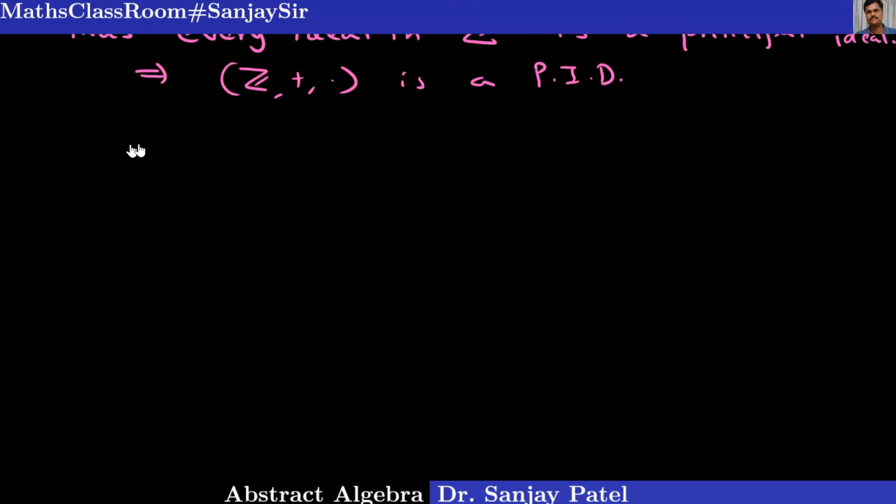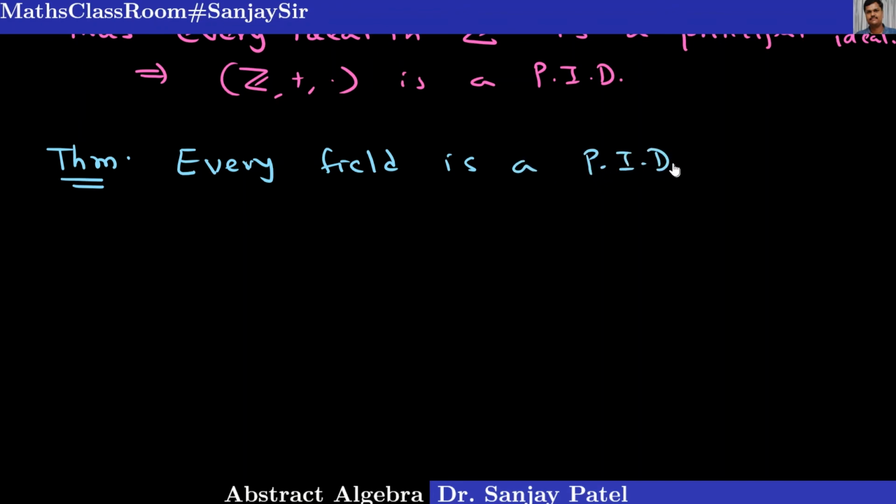Another important class of principal ideal domain is in this next result. Prove that every field is a principal ideal domain. The proof is very simple, and we already discussed one particular example earlier.